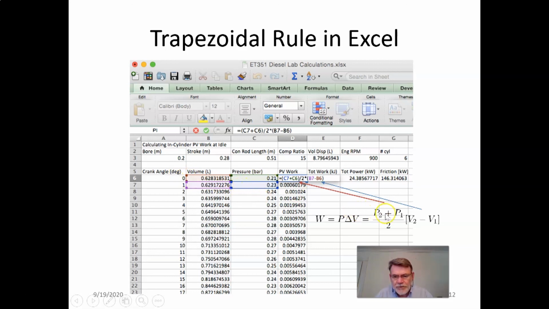It's the pressure, so you add the pressures, divide by 2, and then you have the difference of the volume as another factor. The difference of the volume here is B7 minus B6, you see. That's how you calculate all that, and then you simply populate the rest of the data as you would normally do in Excel, entering data for each crank angle degree.